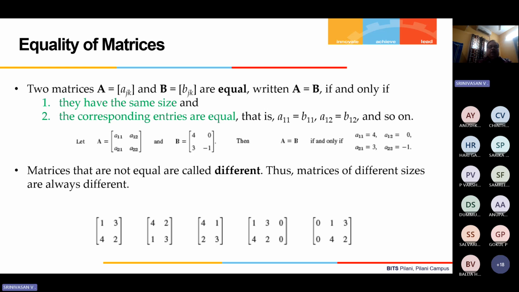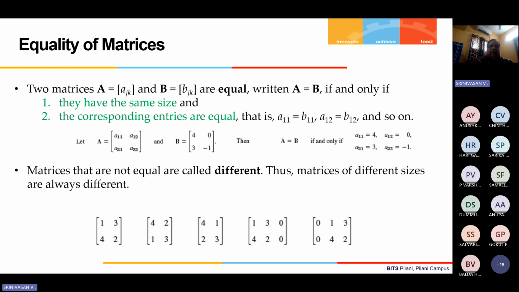Two matrices A, A_jk, and B, B_jk are equal, written A equal to B, if and only if, as I just mentioned, they have the same size. Size here means order, and the corresponding entries are equal. That is, A11 equal to B11, A12 equal to B12, and so on.